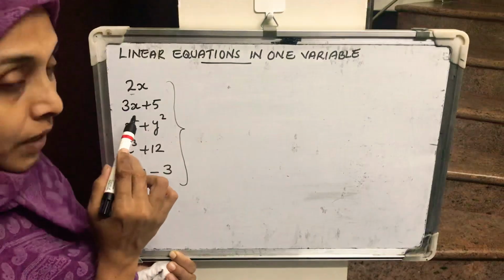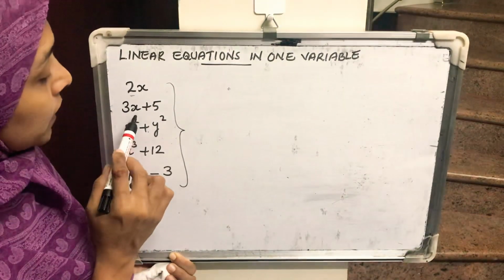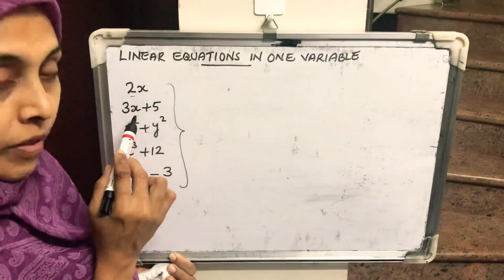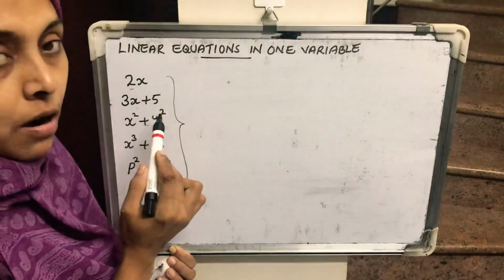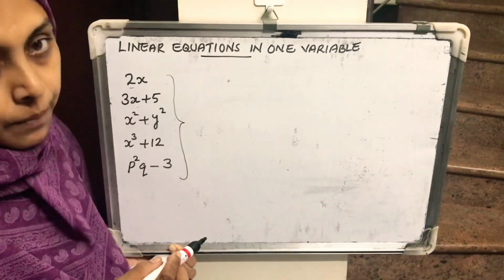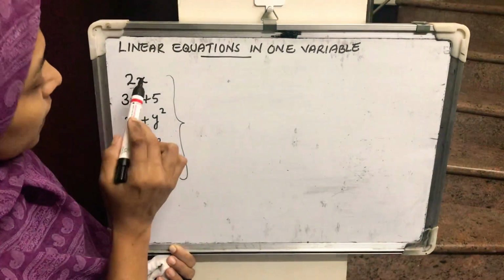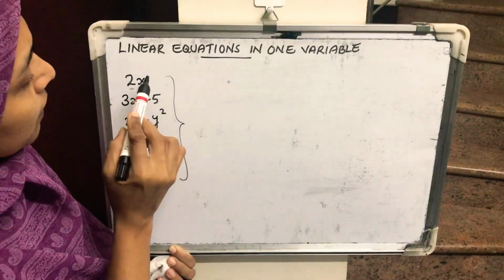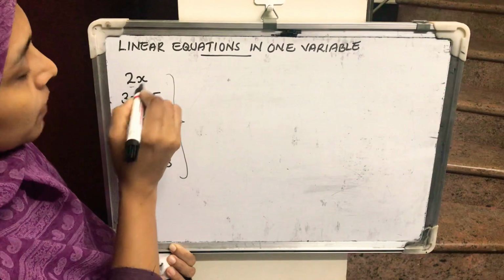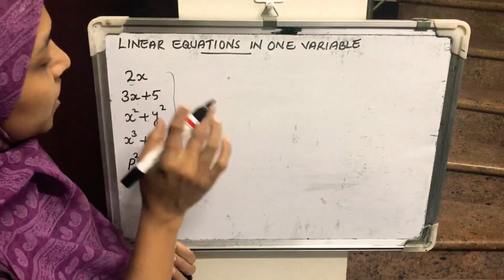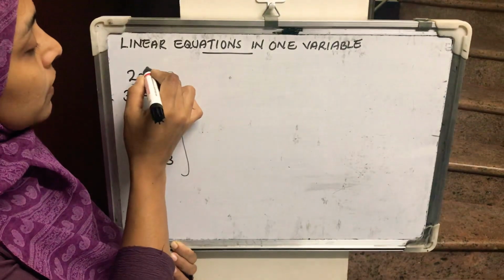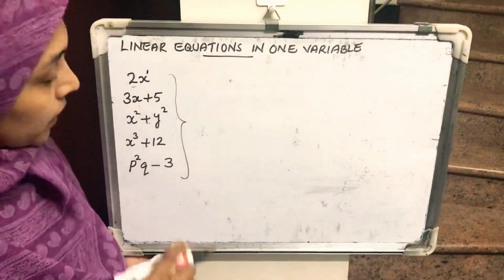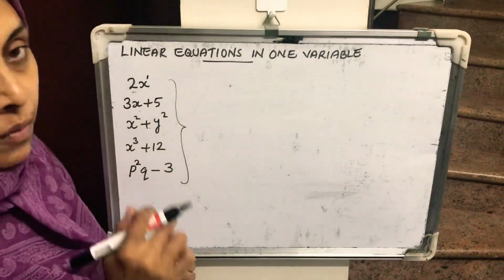Here also the variable is x, the coefficient of x is 3, and 5 is called the constant term. What is the power of the variable x? No power is mentioned, so the power of this variable will be 1. Here also the power of the variable is 1.